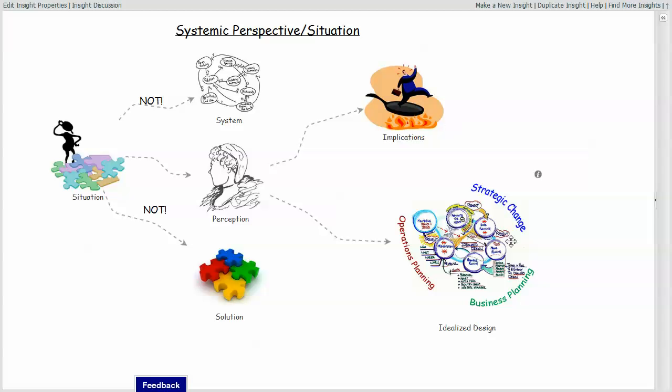And the third component is one of idealized design, which comes from Russell Ackoff. I want to define the preferred alternative situation that I would like to evolve to, though not sometime in the future.